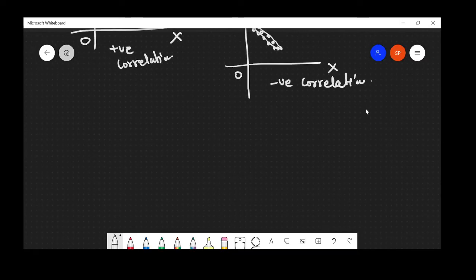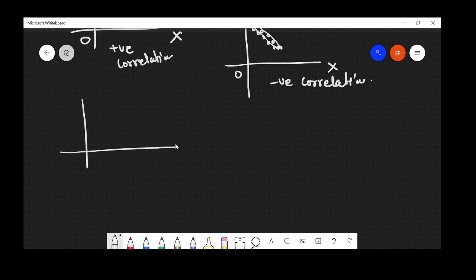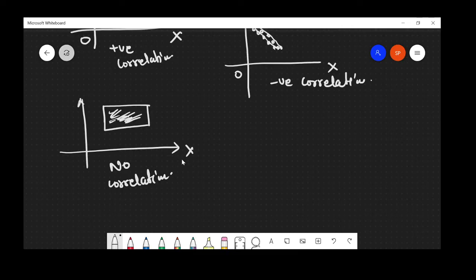Previously we have seen the positive and negative correlations, and now the next one is, suppose we take a rectangle, there is no relation between them. There is no correlation. The x-axis, y-axis, and origin, no correlation.